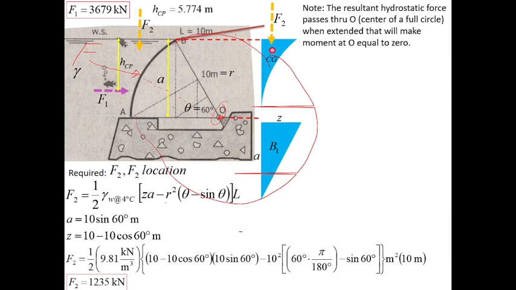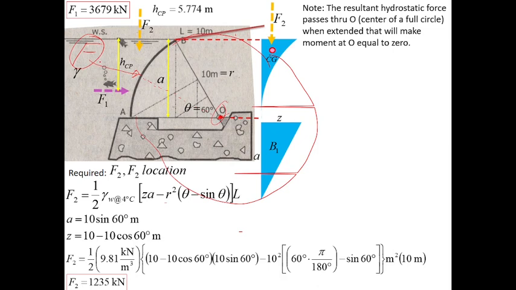Dahil nagpapass siya sa point O, yung ating hydrostatic force, pag nag-moment tayo sa point O, lalabas 0 ang sagot. Dahil pag yung force dumadaan sa point, ang moment niya ay 0.